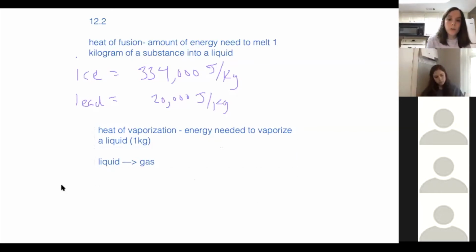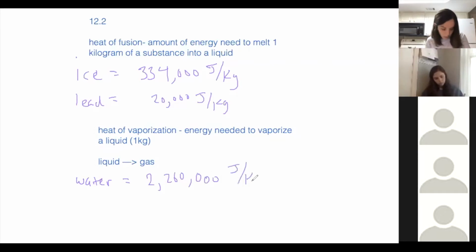Okay, and also on page 324, you'll see heat of vaporization in that same chart. If you look up water, it's 2,260,000 joules per kilogram.